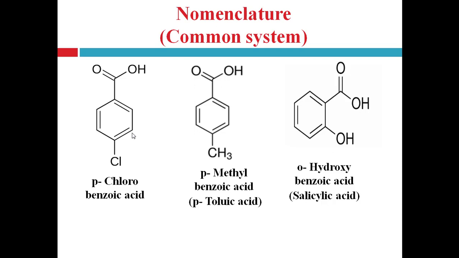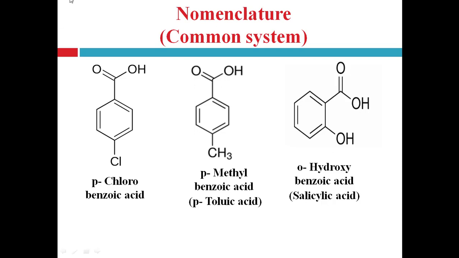So consider the basic structure first. As we discussed, in the common name system, benzoic acid is considered as the basic structure. In other words, aromatic acids are considered as derivatives of benzoic acid. That's why here benzoic acid is considered as the basic structure.